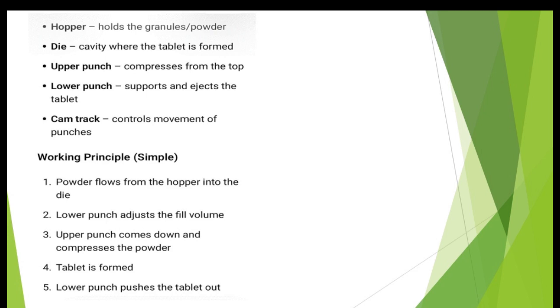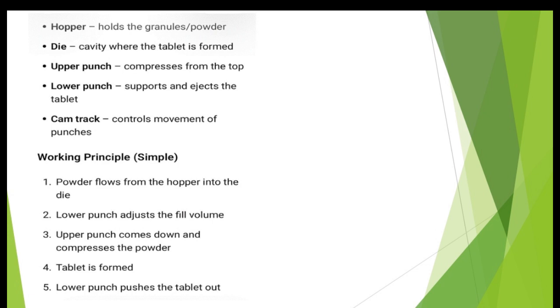Single punch tablet press consists of a single set of tableting tools, which means a single die and one pair of punches, upper and lower. The compaction force on the fill material is exerted by the upper punch while the lower punch is static.